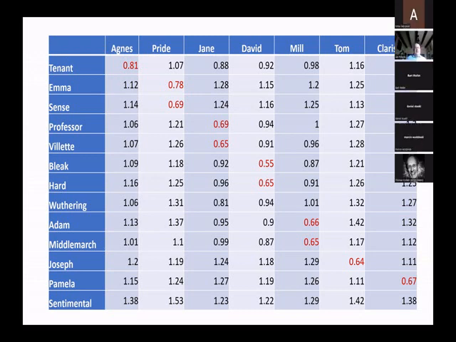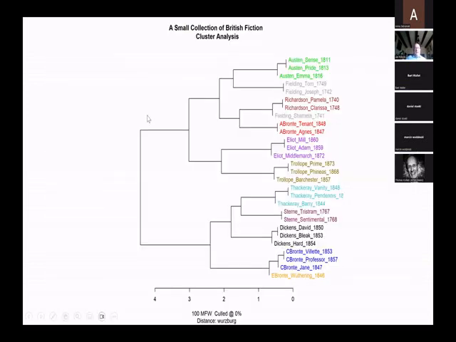Now, of course, as you might have noticed, this is not something we usually go out and show our friends, the traditional literary scholars, much. But if you do cluster analysis, it will put texts that have the smallest degree of difference or distance on the neighboring branches of this beautiful cluster analysis tree.